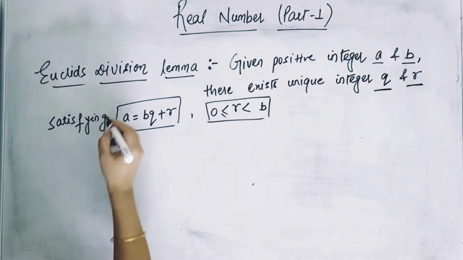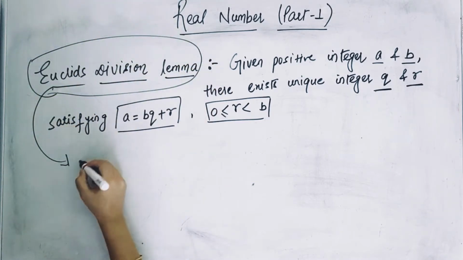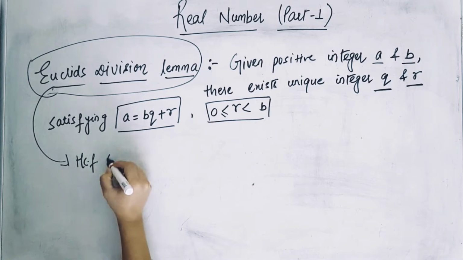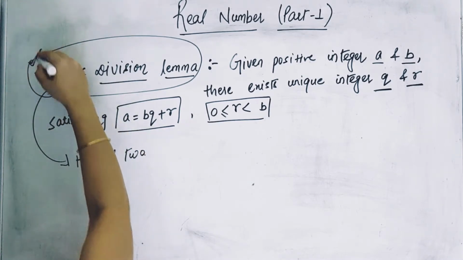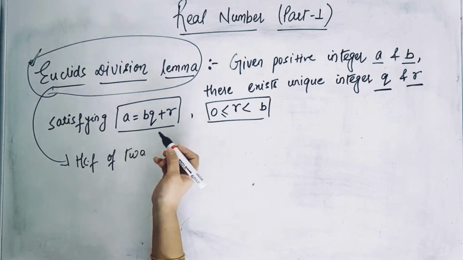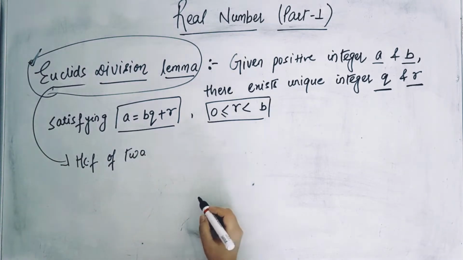With the help of this lemma, we can identify the HCF of two numbers. Euclid's division lemma, or Euclid's division algorithm, is one and the same thing.